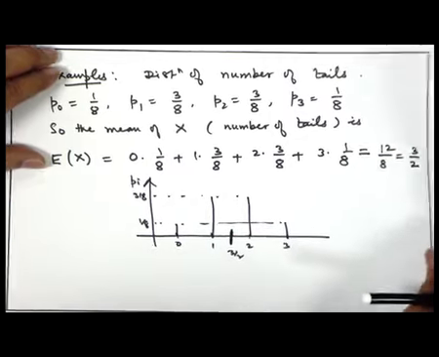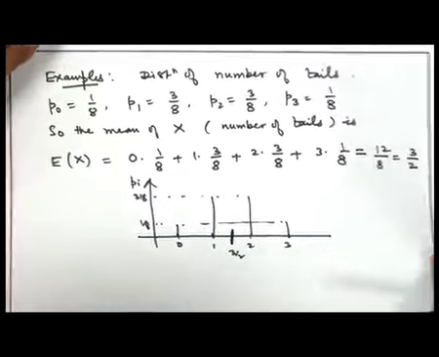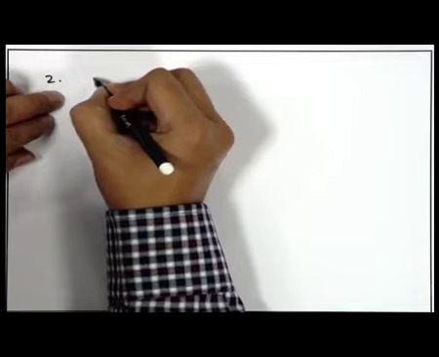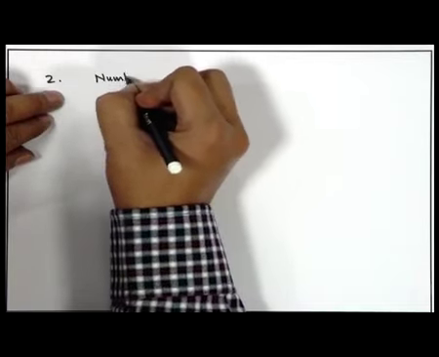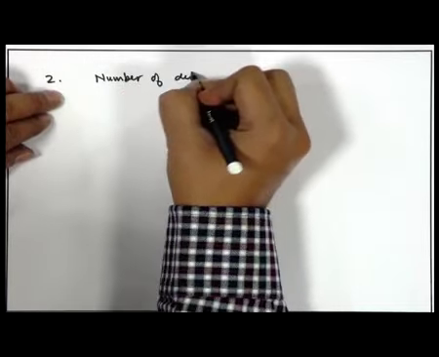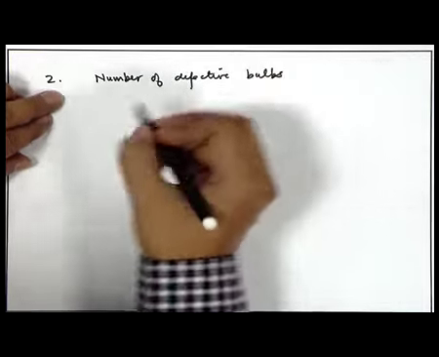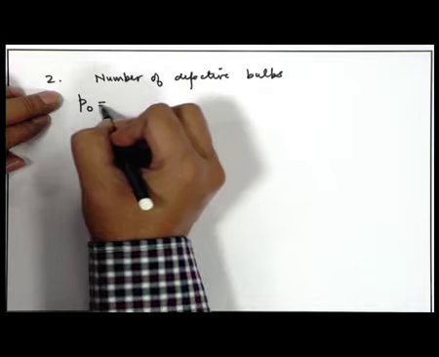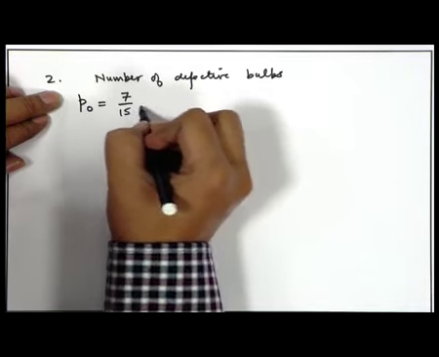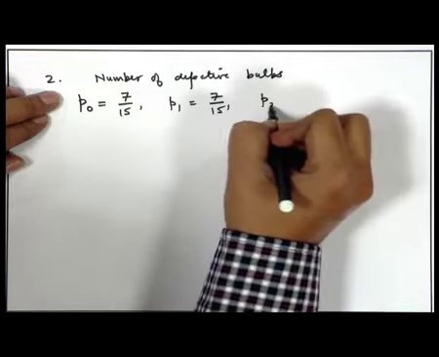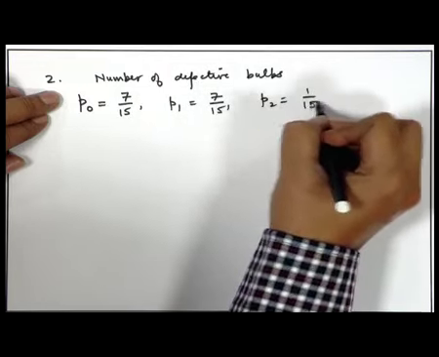Let us look at the other example of the number of defective bulbs. So, here P0 was 7 by 15, P1 was 7 by 15 and P2 is equal to 1 by 15.